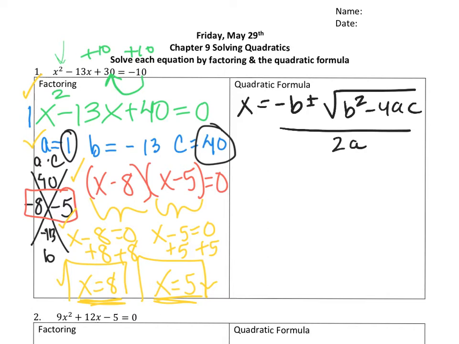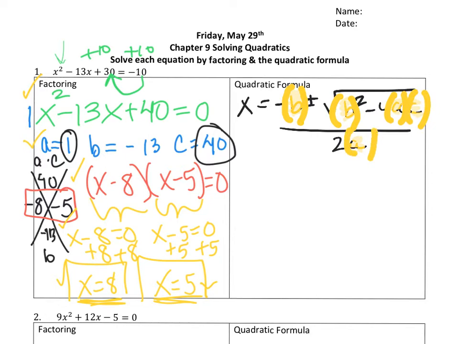Now, some things that we've noticed where people have been making mistakes is when you are inserting numbers into the variable spot, you need to use parentheses. A lot of people aren't using their parentheses. So when you're inserting a number in the b spot, you need parentheses, and the same in the a spot, and the c.